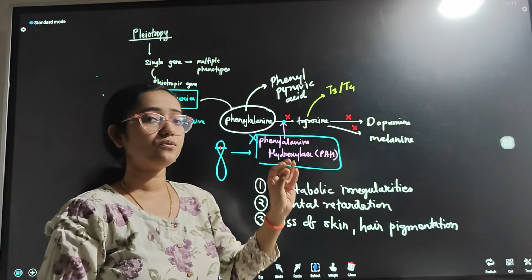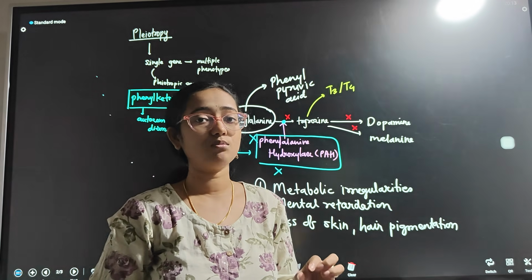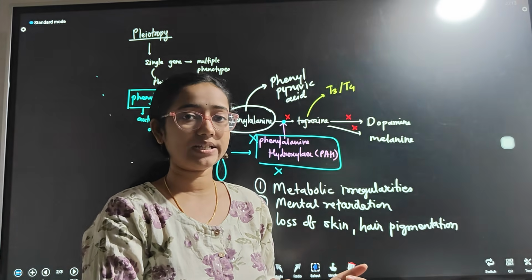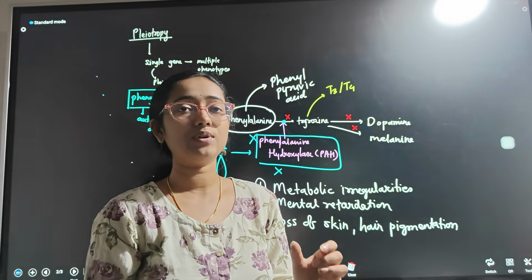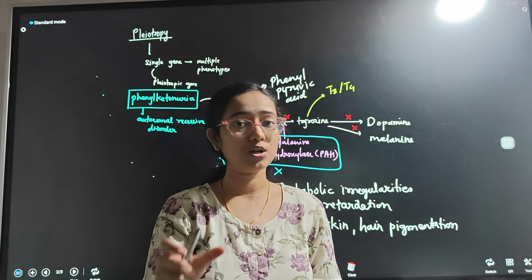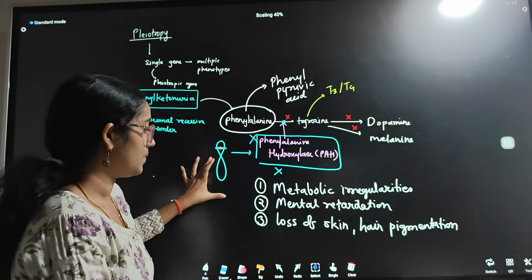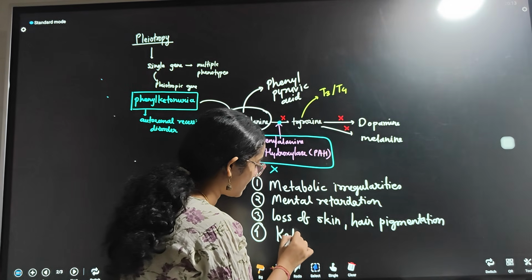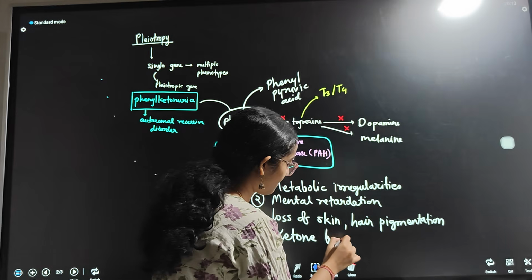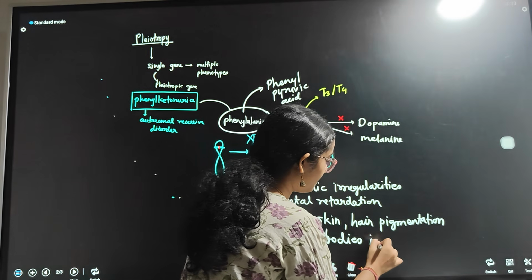And sometimes it also forms ketone bodies. Now these ketone bodies are poorly absorbed by the kidneys, so they are excreted in the urine, and we know that ketone bodies are abnormal constituents of urine. So this is one of the expressions: ketone bodies in urine.